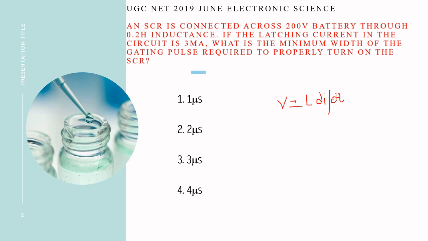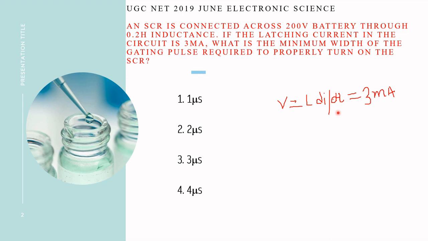And when we get the di dt value, how can we get the t value? That is equal to the latching current, that is 3 milliampere. Okay. So first of all we need to solve V by L, and hence we get the value di dt.